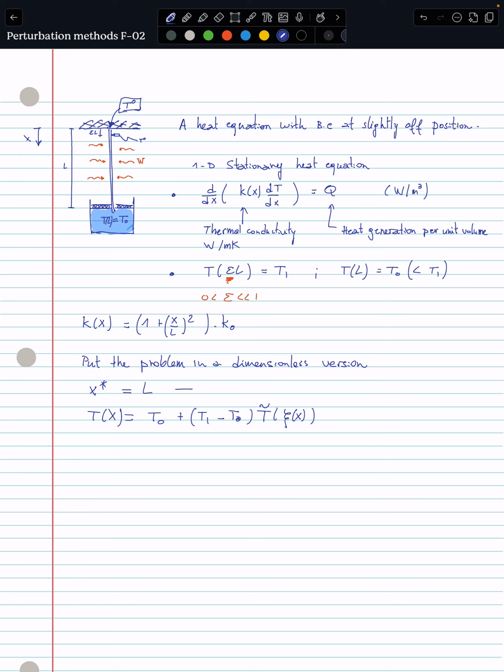All right, and xi is just defined by using the characteristic length x star. All right, and so why do I do this?